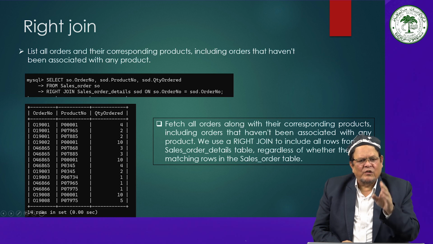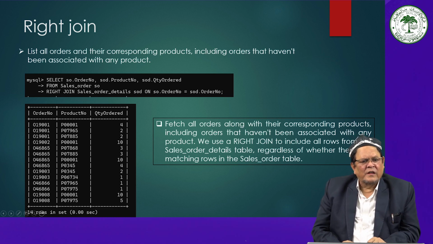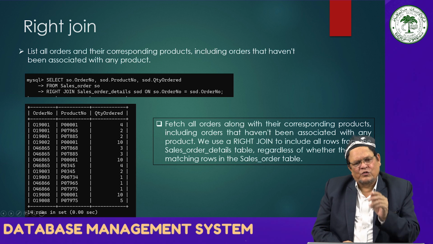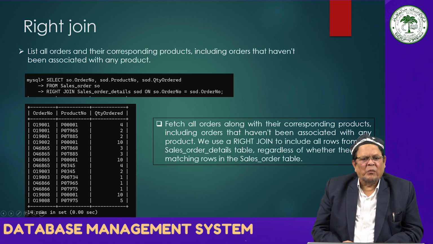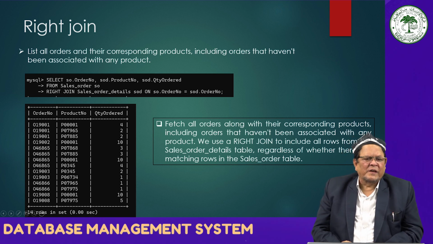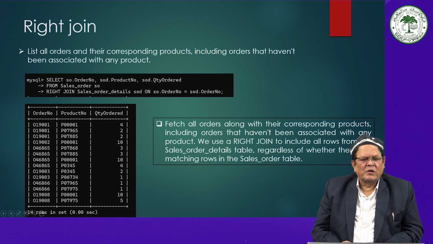So you can see on the screen like that. When you run the select command, select SO.order_number, SOD.product_number and SOD.quantity_ordered, the format will display on the screen like that: order number, product number, quantity ordered.